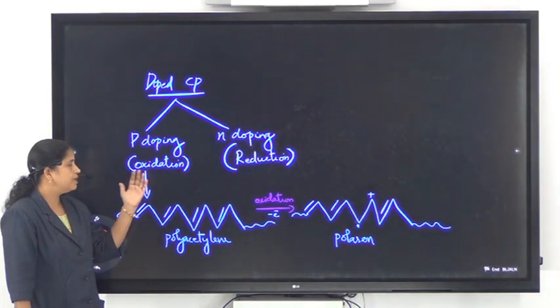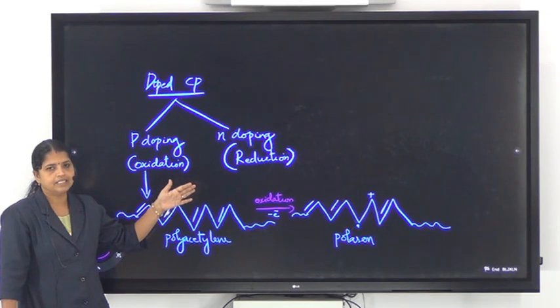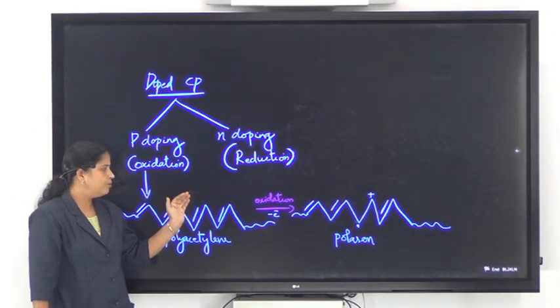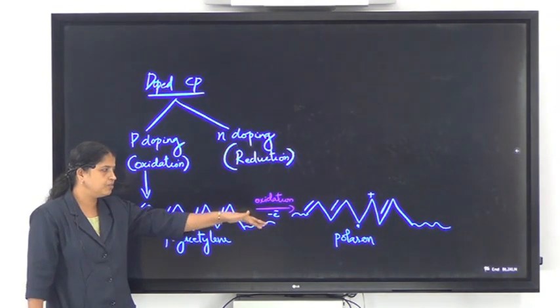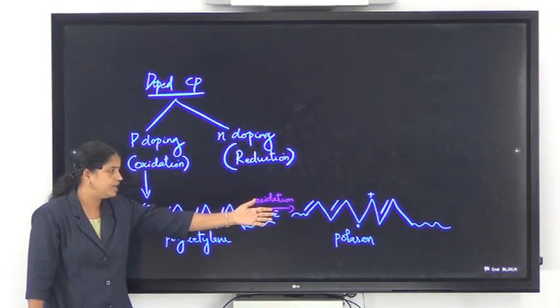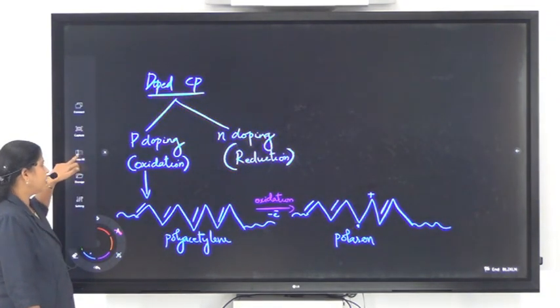So we can improve the conductivity of these polymers by p doping or oxidative doping. In p doping, oxidation takes place and the release of electrons takes place, creating positive charge, and that leads to better conduction. The next is reductive doping or n doping.